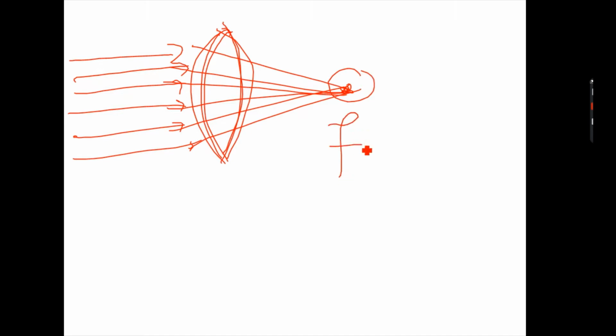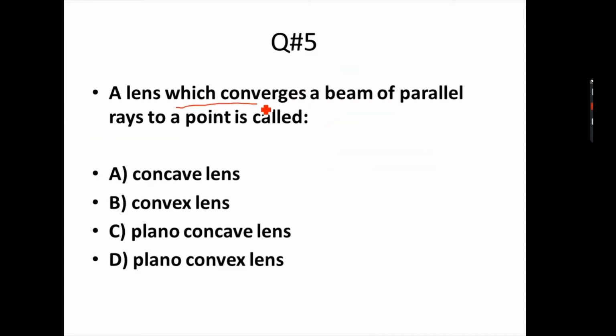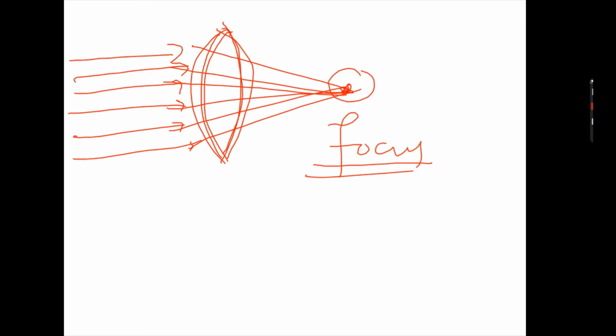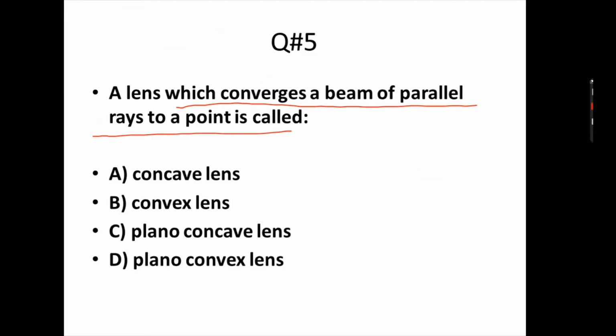This point is called focus. So the question is, which lens converges a beam of parallel rays to a point, and all these parallel rays converge to a single point after passing through a convex lens. So the right option is convex lens. In a convex lens, all the parallel rays are converged into a single point. Got it? The right option is B.